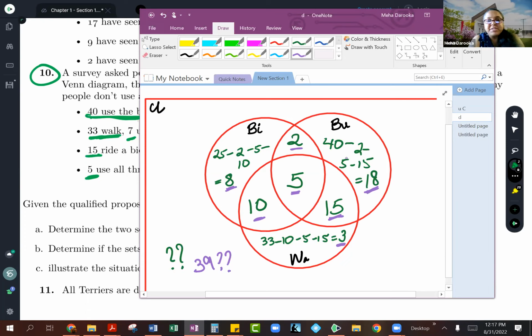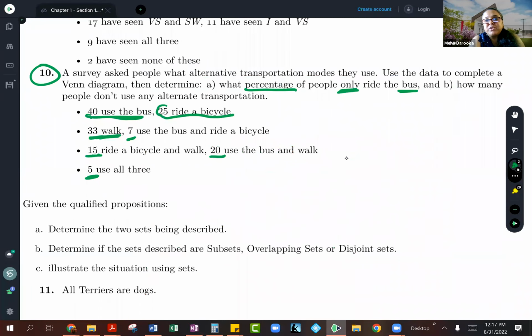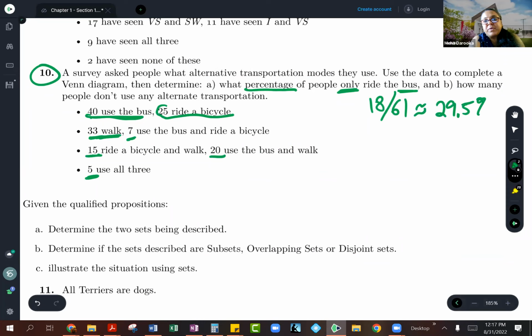Because that percentage is going to come out to be different, because in that case, when you're talking about 18 out of 61, that is approximately 29.5%. But then if you're thinking about 18 out of 100, well, obviously that's 18%.